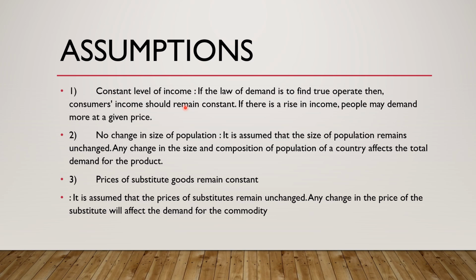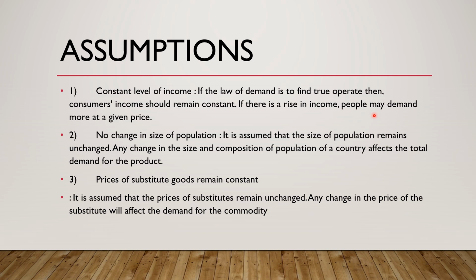It may increase. We are going to assume, if this happens, then what will happen? If there is a rise in income, people may demand more at a given price. If the income is increasing, now you are getting 1 lakh, now you are going to get 2 lakhs, so you can afford to buy the product at the given price.